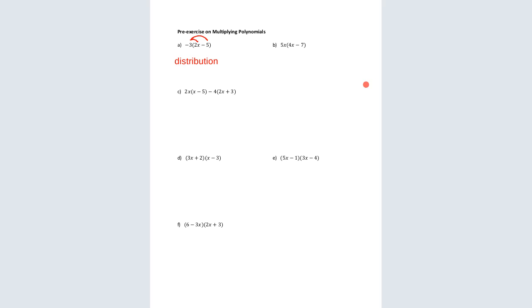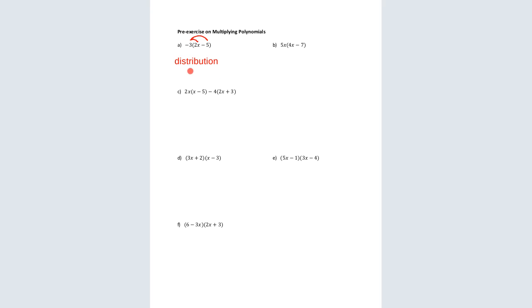So if you were thinking that, I might have beat you to it if you were ready to type it. But that's called distribution, okay? So we take that factor outside, and we multiply or distribute it to each thing inside.